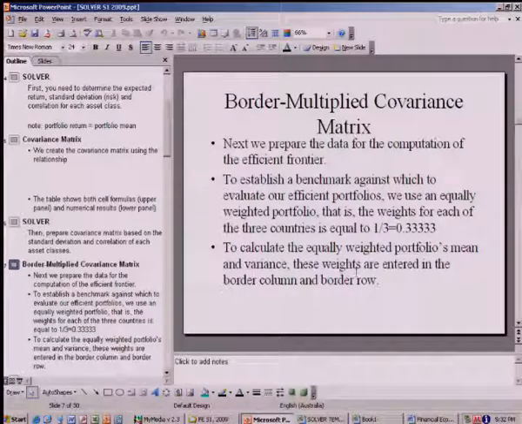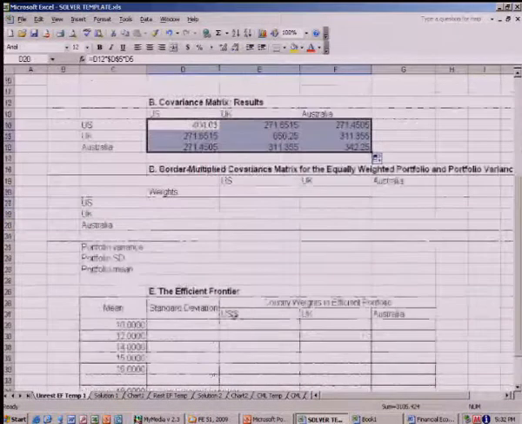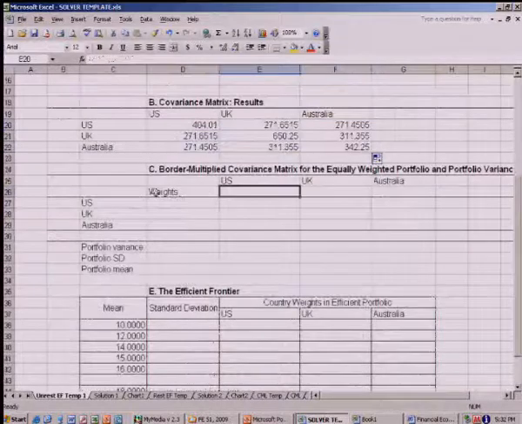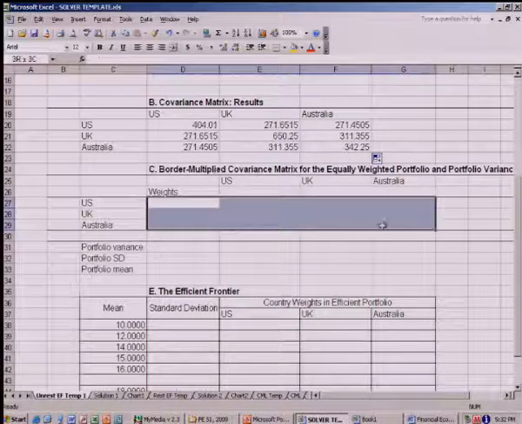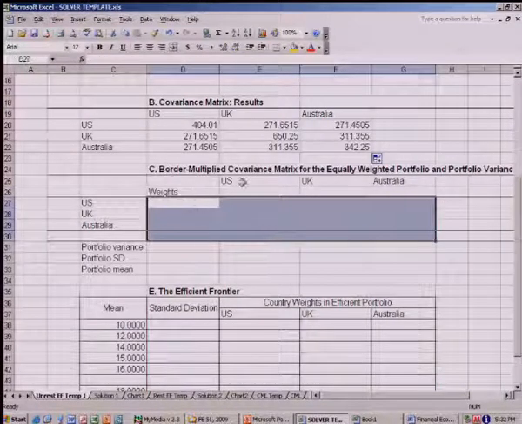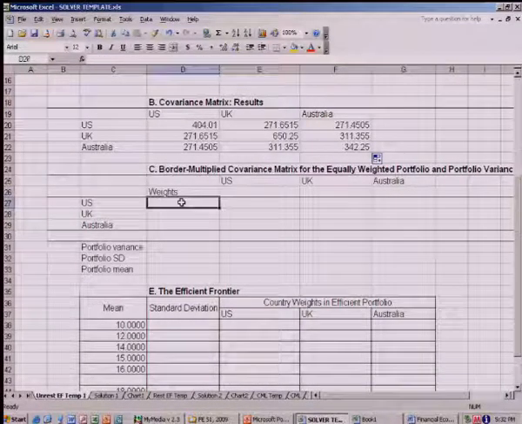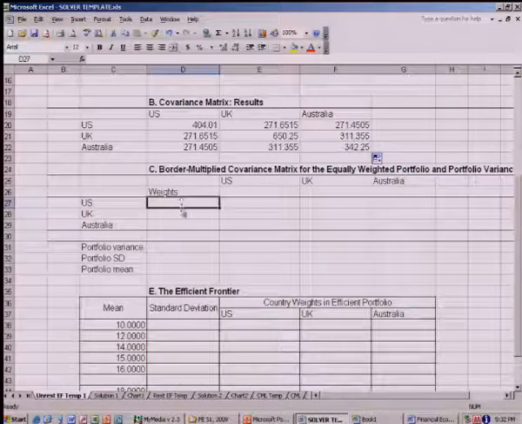Once you have done that, we will find what the equally weighted portfolio variance is, and also what the equally weighted portfolio expected return is, using the weights that we have entered in a border row and a border column. So in my template, I have already constructed an empty matrix, which I'm going to fill in with the appropriate figures.